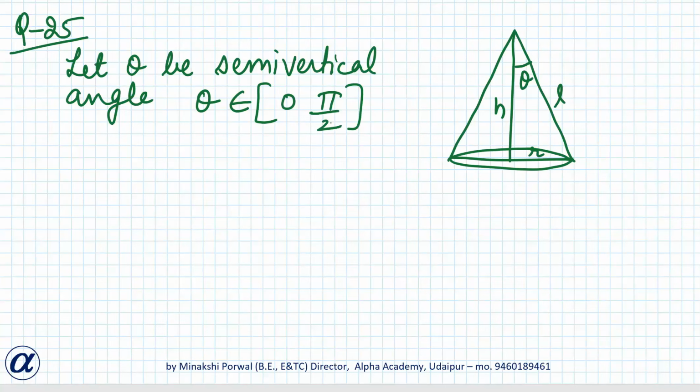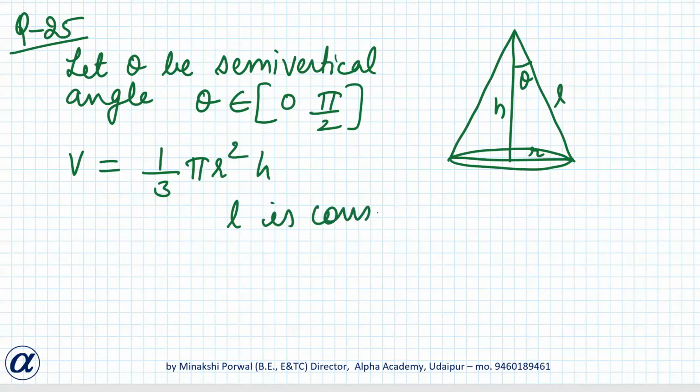Now, we have to maximize the volume of the cone with given slant height. Volume of cone is 1 by 3 pi r square h, and slant height L is constant. So we'll find h and r in terms of L.